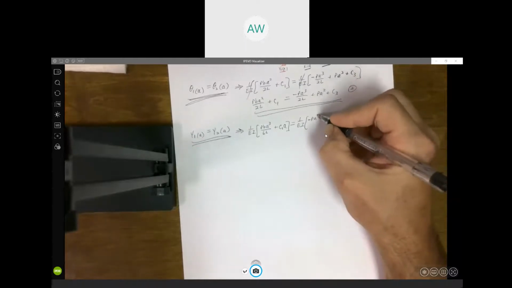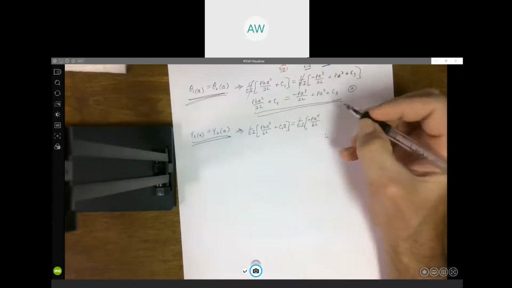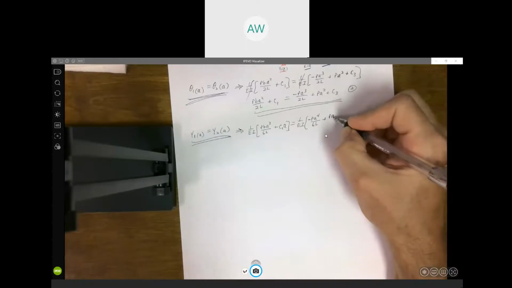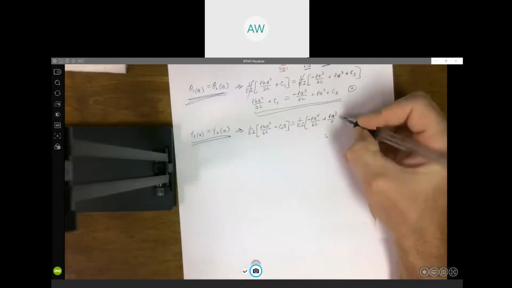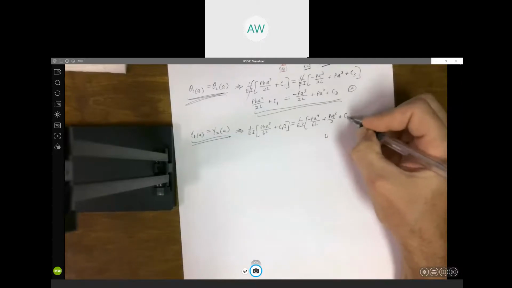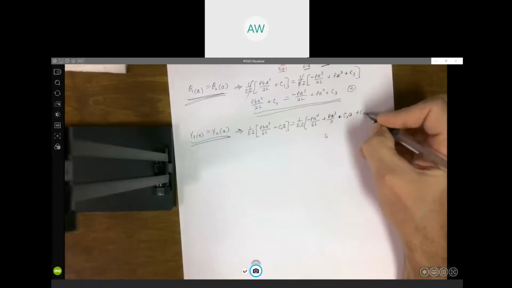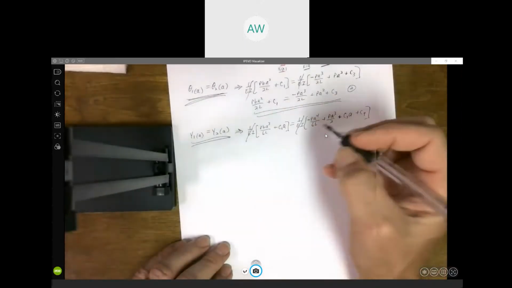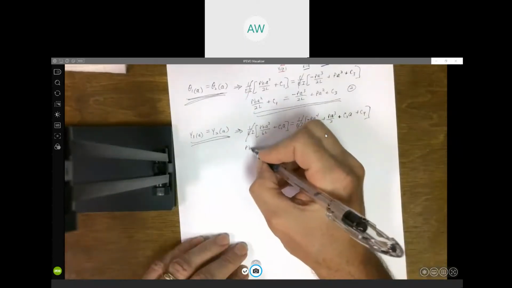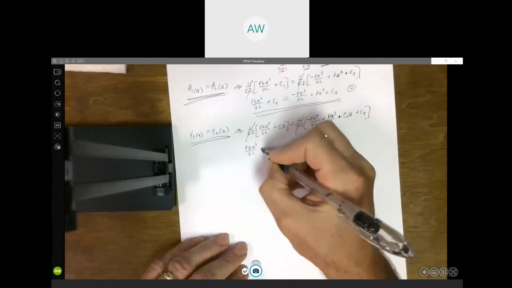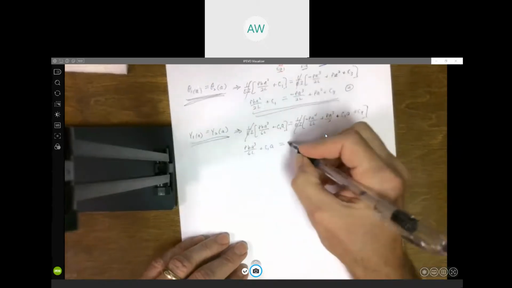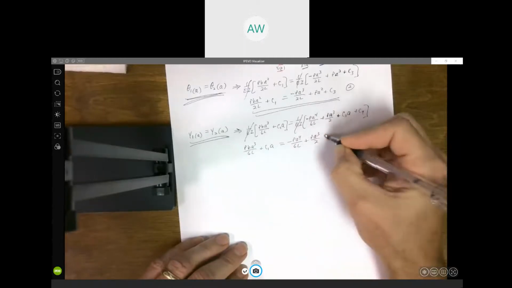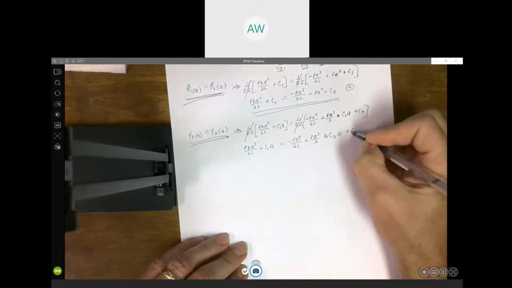That would be a to the 4th over 6L. And I had a PAx squared, so that'd be Pa cubed over 2, plus C3 times x, so C3 times a, and plus C4. Cancel the 1 over EI's, and so now we wind up with this big ugly mess: minus Pa to the 4th over 6L plus Pa cubed over 2 plus C3 times a plus C4.